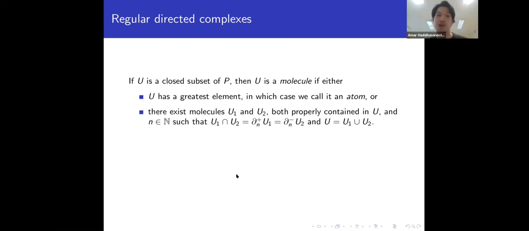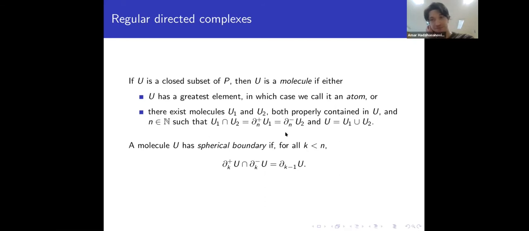So we say that something is a molecule if either it has a greatest element, or it splits non-trivially into two molecules, as the union of two molecules whose intersection is exactly the n-dimensional output boundary of one and the n-dimensional input boundary of the other.